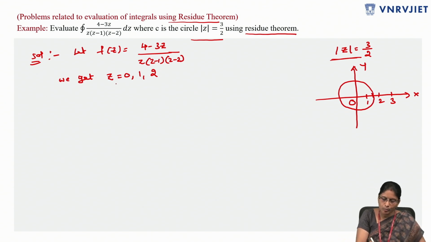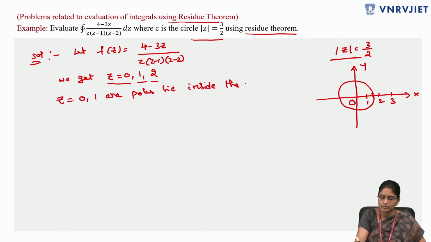But the poles that we get here are z is equal to 0, 1 and 2. z is equal to 0 and 1 are the poles that lie inside the circle. So clearly we get two poles here, z is equal to 0 and z is equal to 1. These two lie inside the circle, so it is enough to take z is equal to 0 and z is equal to 1.